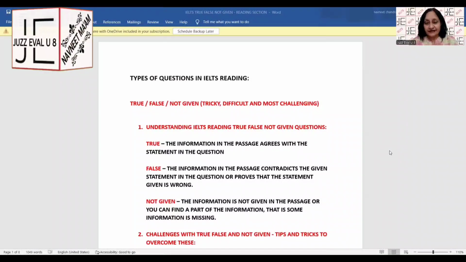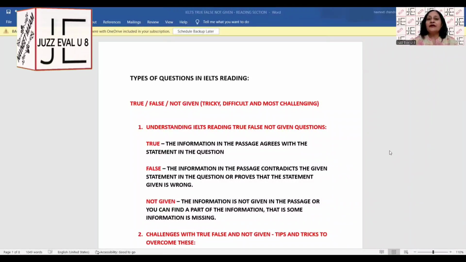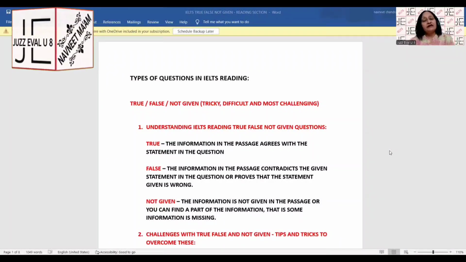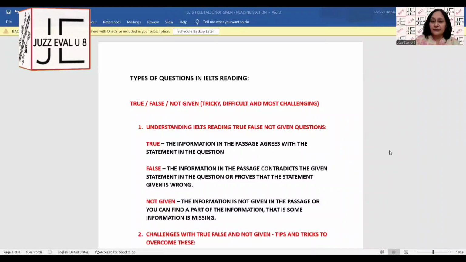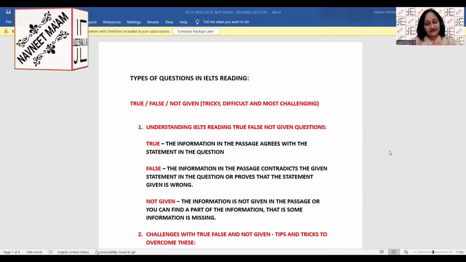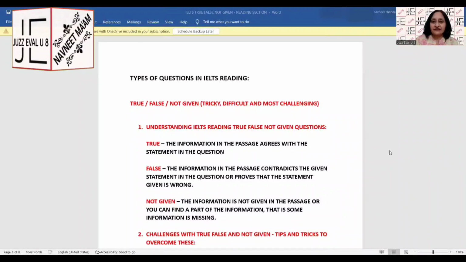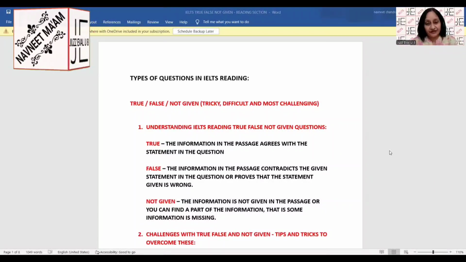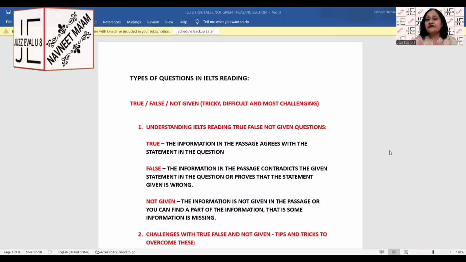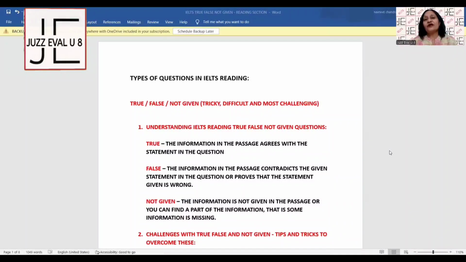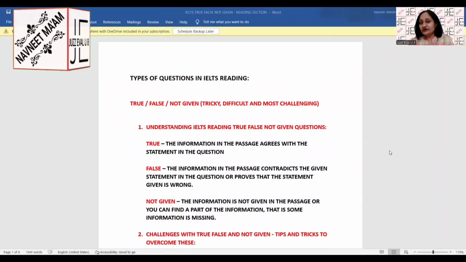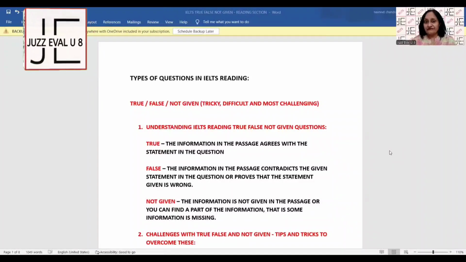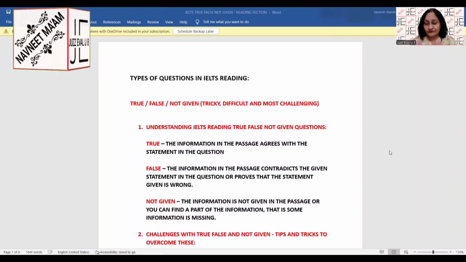First, let's understand what we mean by true, by false, and by not given. Now, if the statement in the question matches the statement given in the passage, that is, their meaning is the same, then the importance is given on the meaning. We have to try and find the meaning in the question and the meaning in the passage. And if it's the same, it is true.